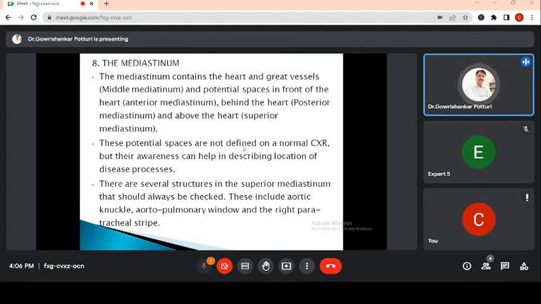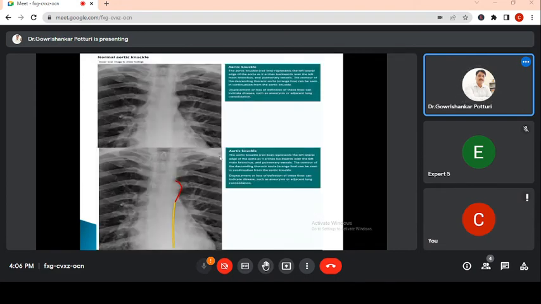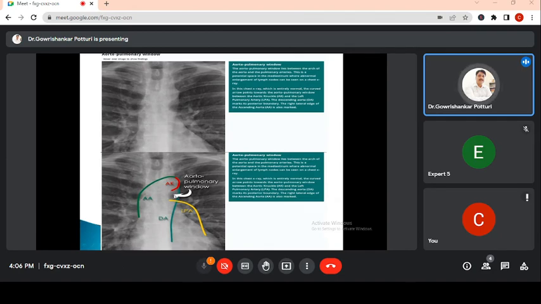There are several structures in the superior mediastinum that should always be checked. They include the aortic knuckle, aortopulmonary window, and the right paratracheal stripe. This is the aortic knuckle. Aortopulmonary window.